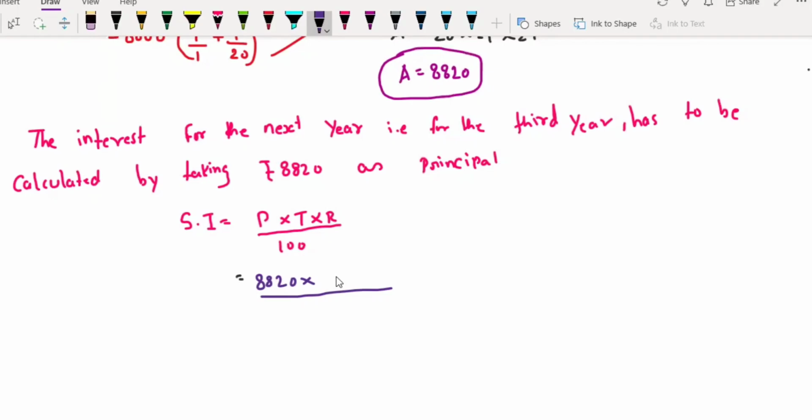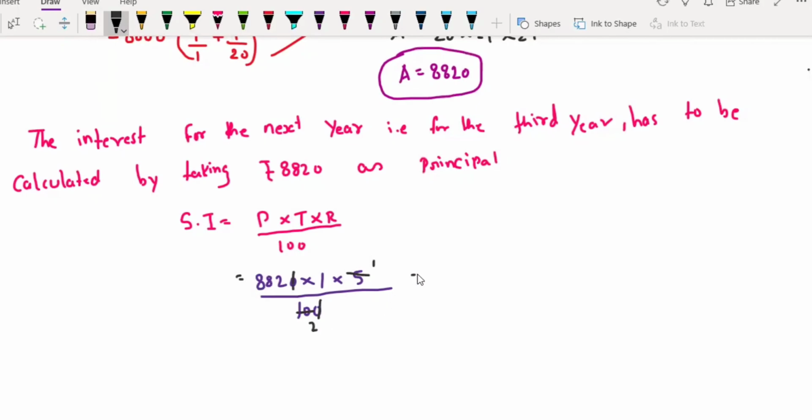To find the interest for the third year, that's why we have taken the amount of 2 years as our principal. So we're going to take our time as just 1 year. The rate of interest remains the same, that is 5%, so 5 divided by 100. Let us do some cancellation. 0 gets cancelled. 5 ones are 5 and 5 twenties are 100.